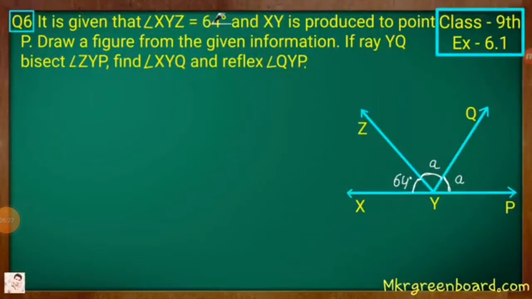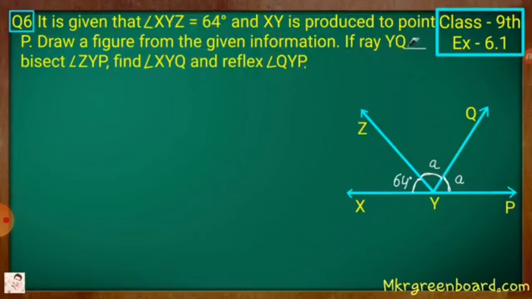It is given that angle XYZ equals 64 degrees. See the figure children, XYZ equals 64 degrees and XY is produced to point P. Draw a figure from the given information.